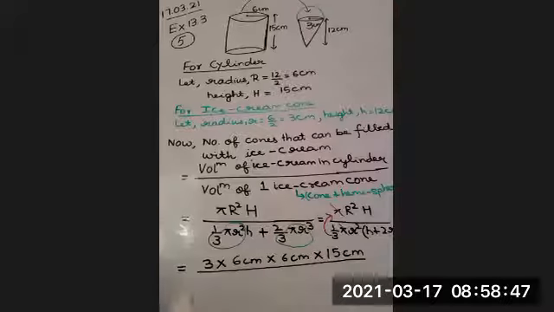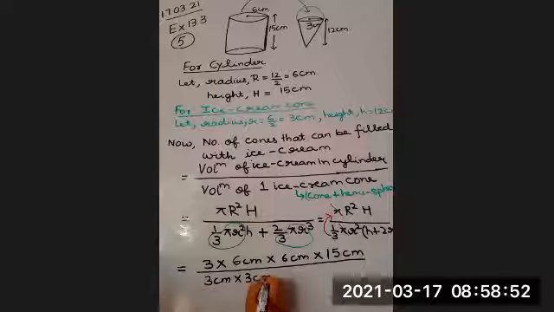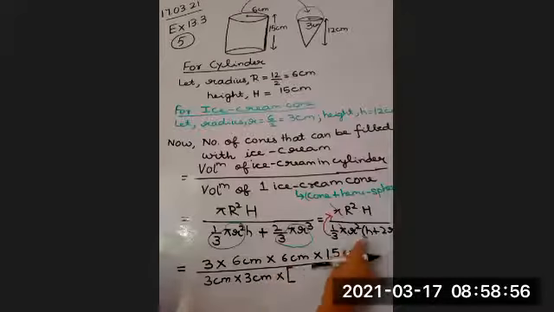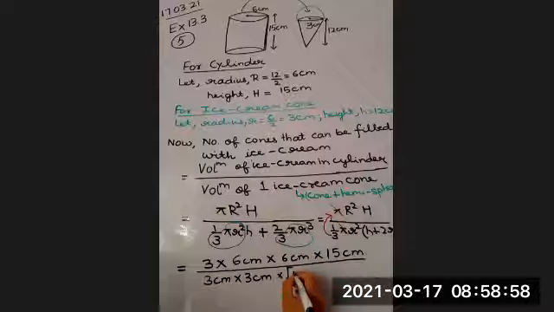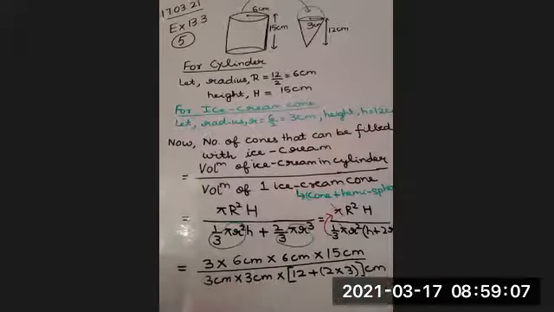What is small r square? 3 centimeter into 3 centimeter, into h, which is small h, 12, plus 2 into 3. This is again centimeter.